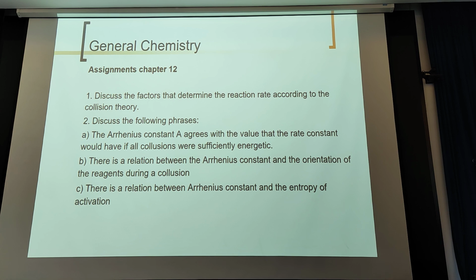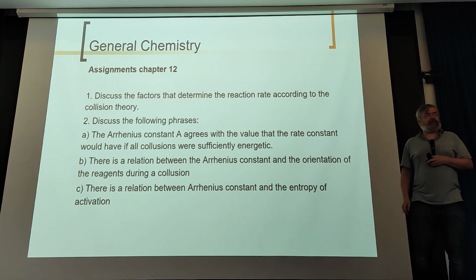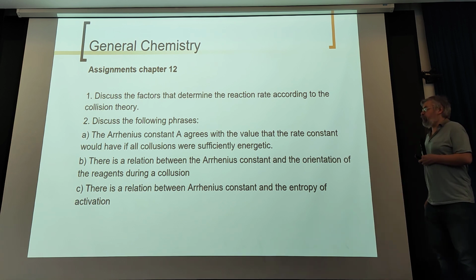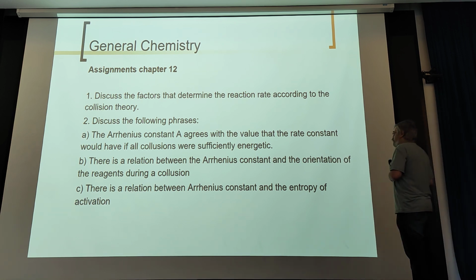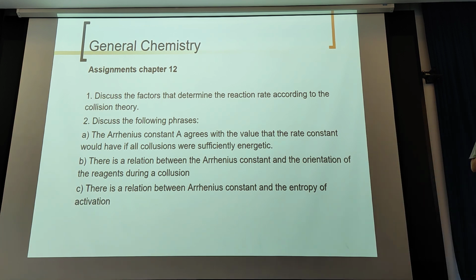The second question is also theoretical. There are a couple of statements which I would ask you to comment on. The first statement says that the Arrhenius constant would be the value that the rate constant would have if all of the collisions had the right energy.